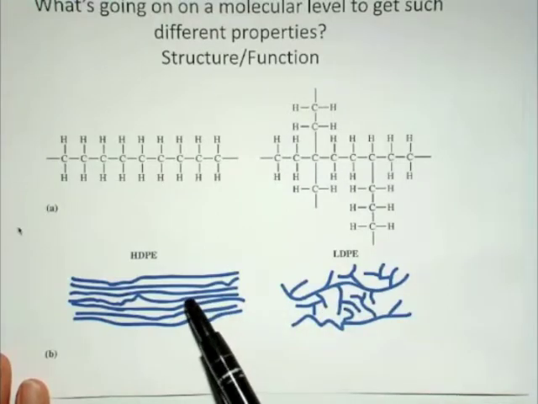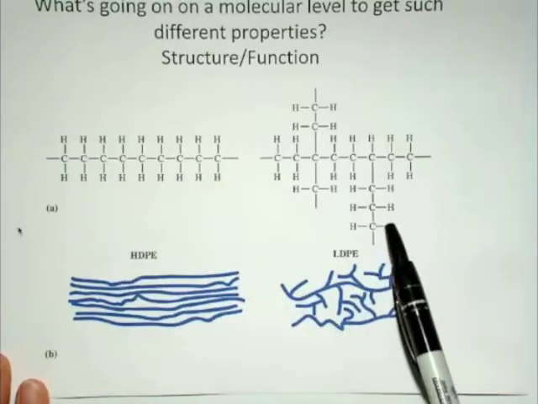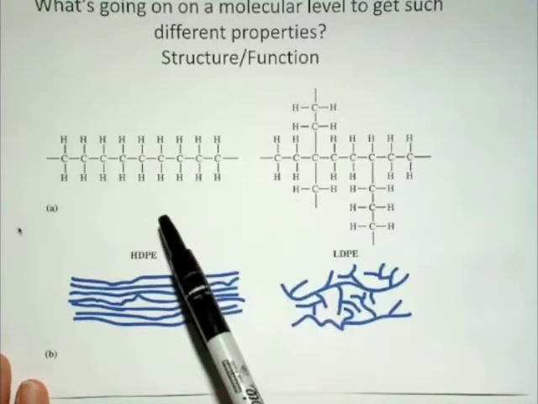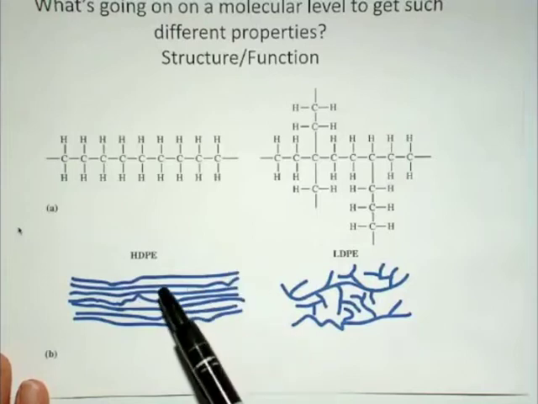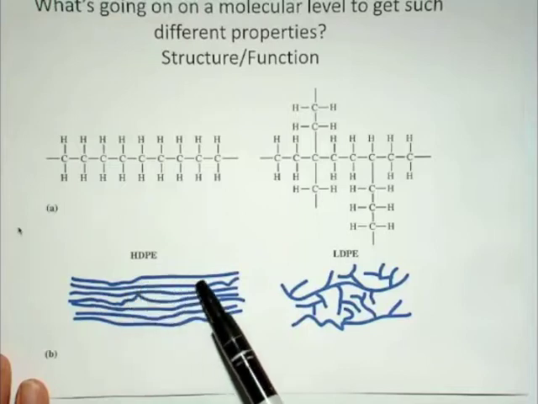Since these molecules are all just saturated hydrocarbons, there are no polar ends, there's no dipole moment. The only type of forces that are holding these units together are dispersion forces. Dispersion forces are very, very dependent on distance.